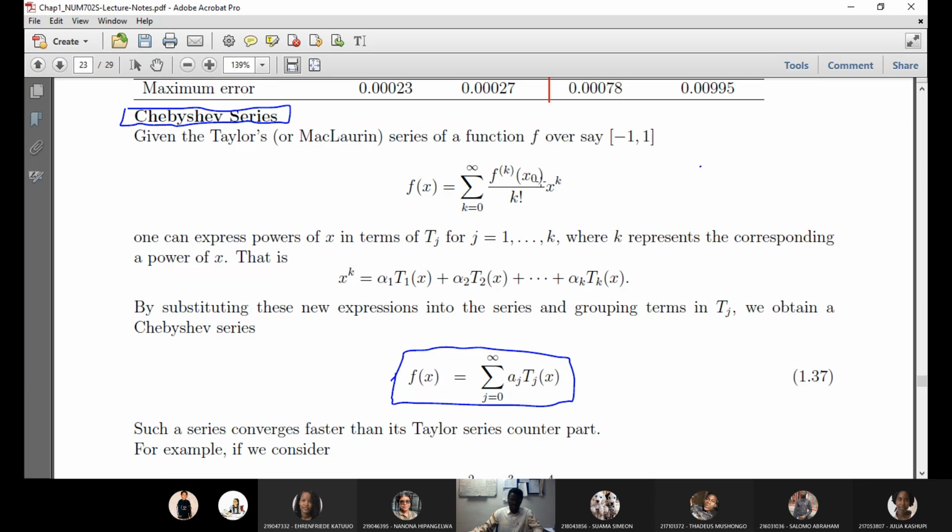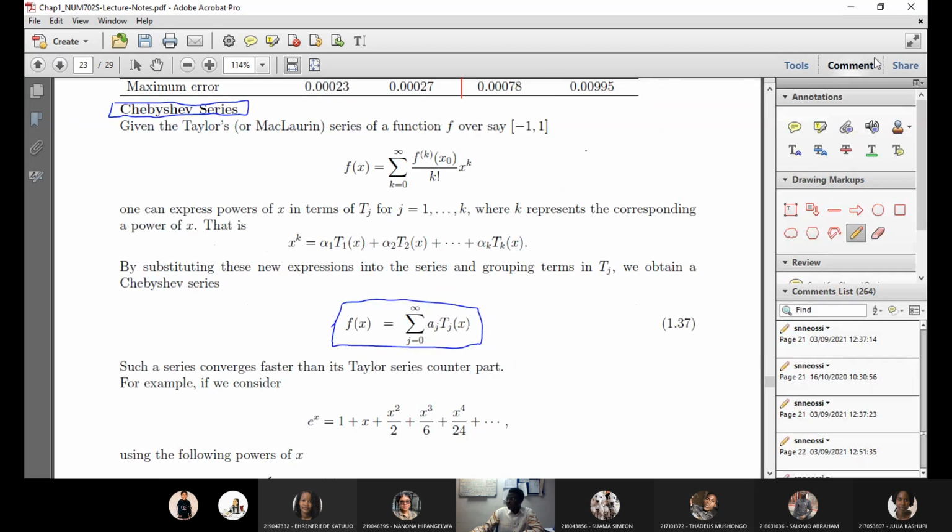So x0 here is 0. So that's how you expand.